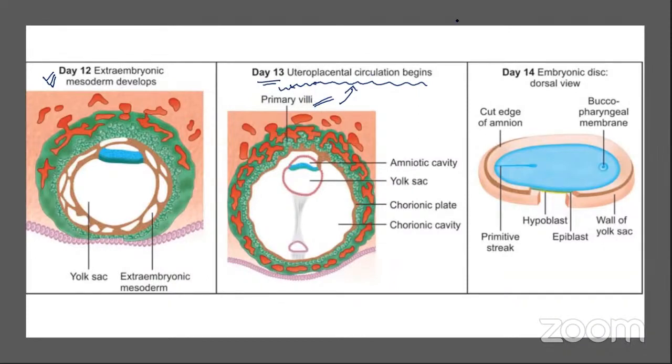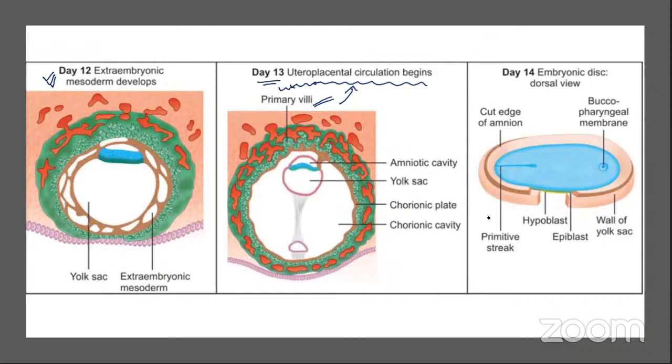So the last day of week 2, that is day 14. Here the formation of the precaudal plate and the connecting stalk happens, or else you can say the embryonic disc development happens over here.